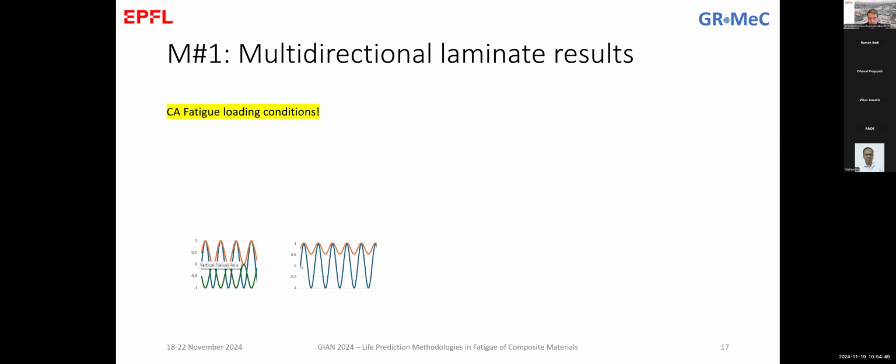We have reversed loading, which means we go from a zero mean stress, average stress, to a maximum stress, and then to the same value at a minimum stress, negative minimum. So this is a condition where we apply tension and compression fatigue to the specimen. And this is what we call the stress ratio. The stress ratio is the ratio between the minimum and the maximum. So here in this case, the stress ratio is -1.